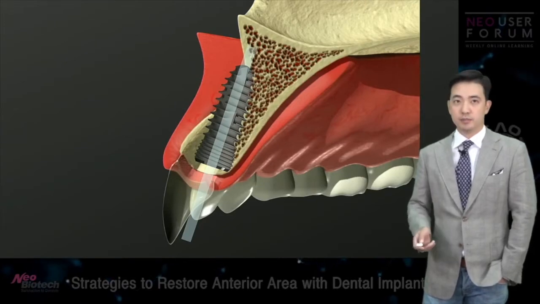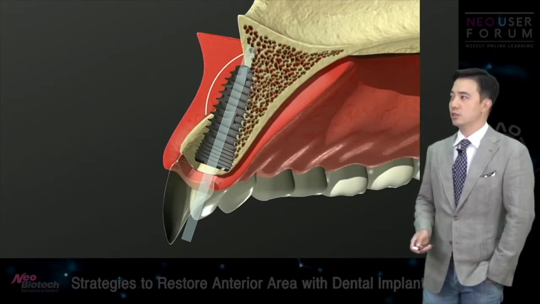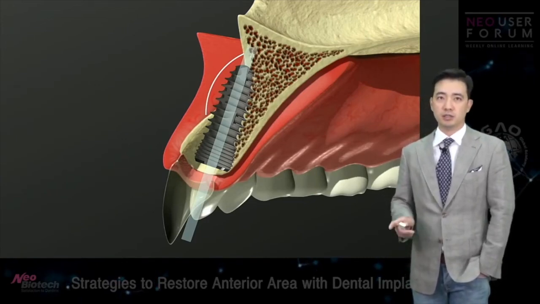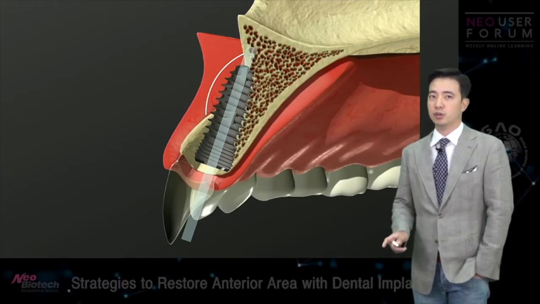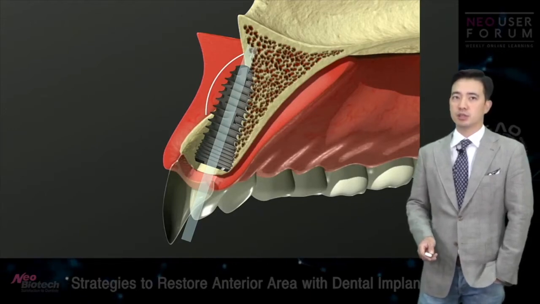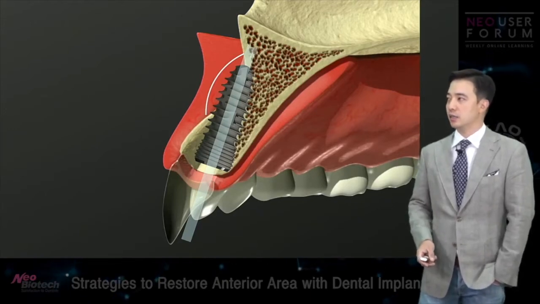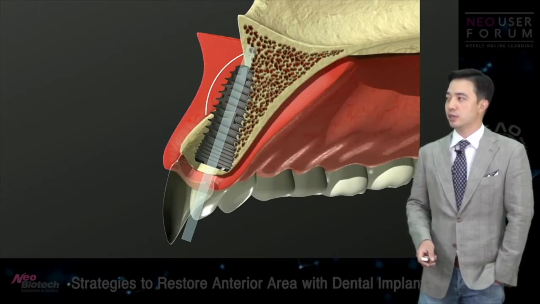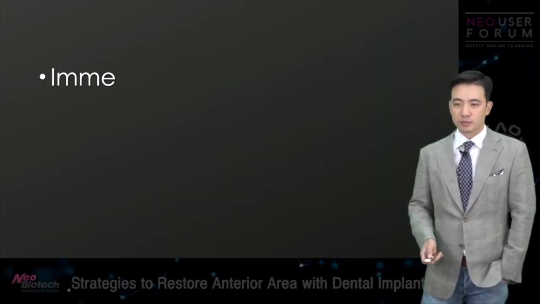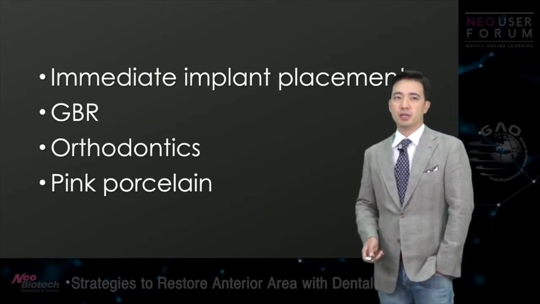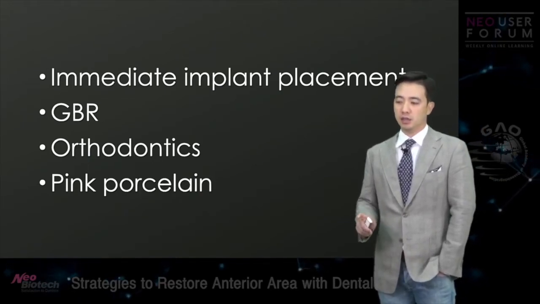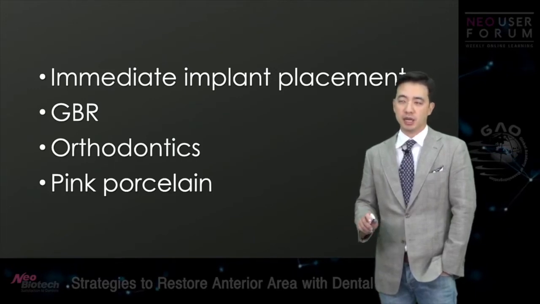So in this kind of situation, I would graft this area and make the situation a little more favorable for the prosthesis. By doing GBR, I would recreate the site to be able to put my restoration favorably. So you can think of some strategies regarding compromised areas.